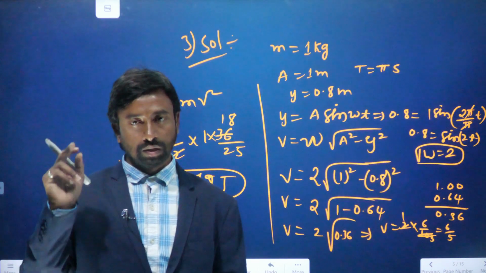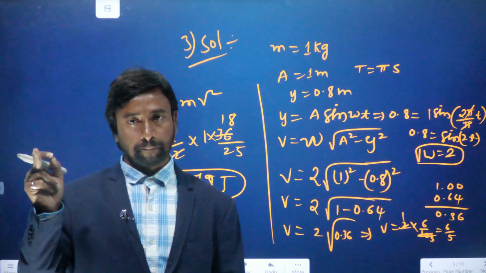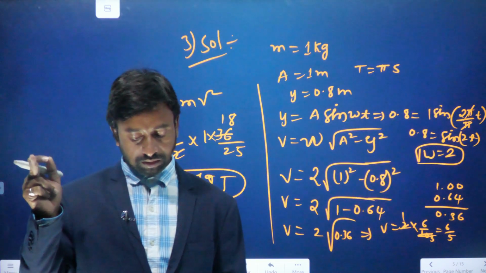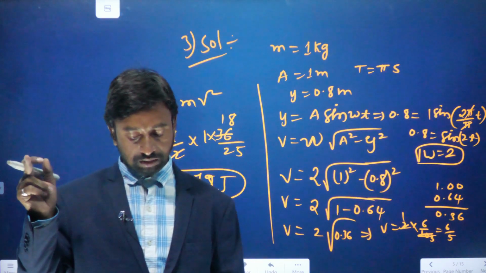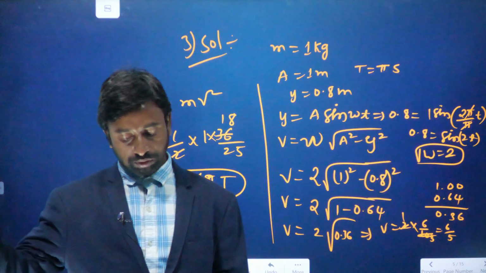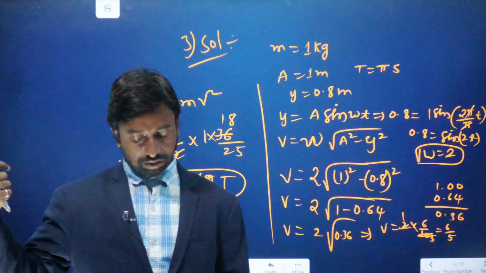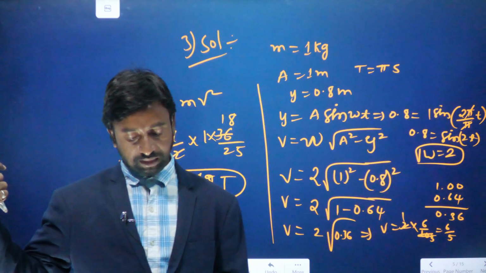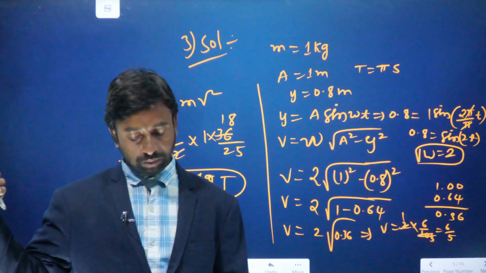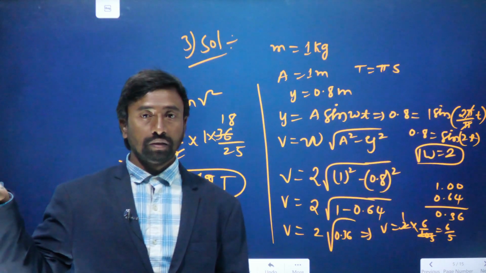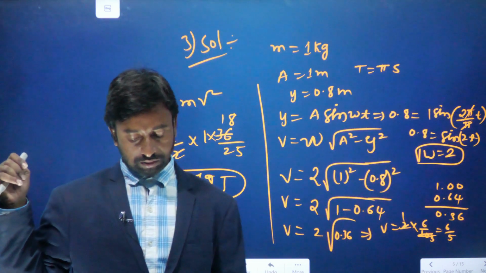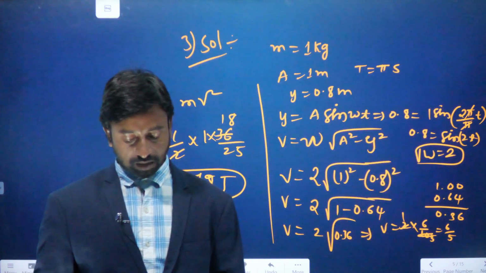At position B, potential energy is 2 times kinetic energy, so convert it into kinetic energy. Then if you simplify, you will get the answer.